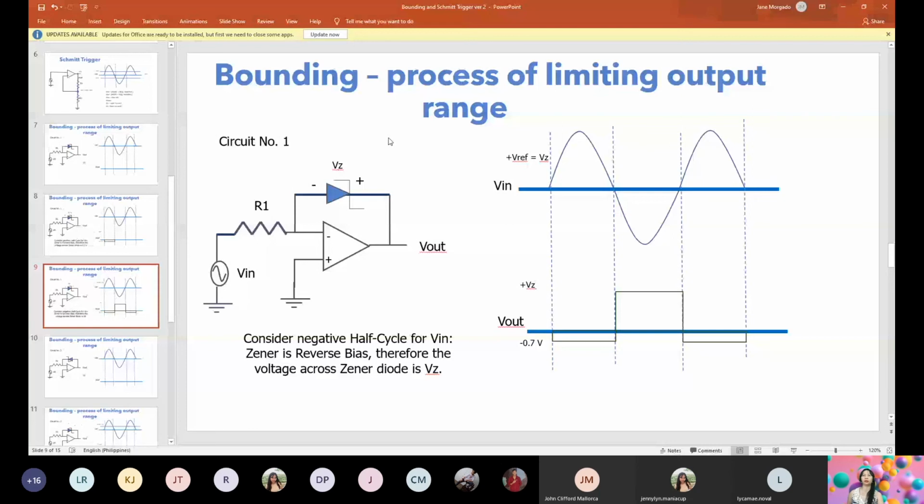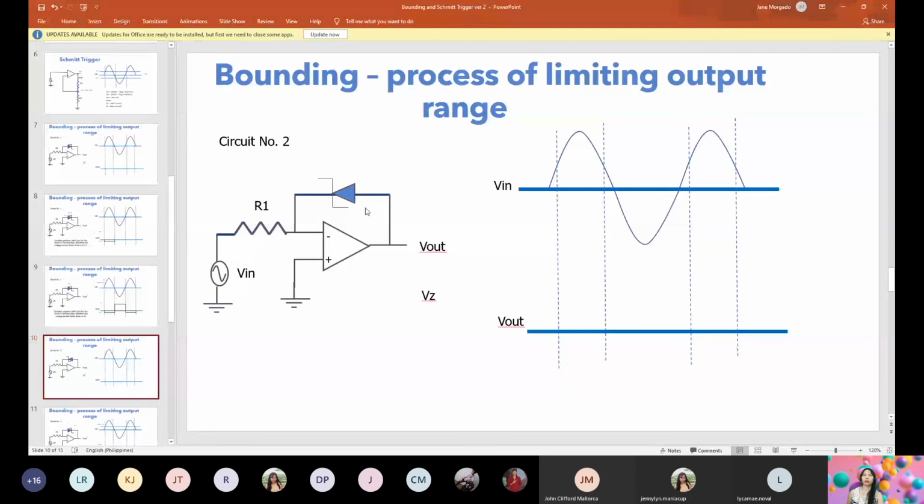Bounding means the output waveform is restricted to 0.7 and the zener voltage. Whereas for comparators, the output goes from positive Vout to negative Vout, so you have a huge output.